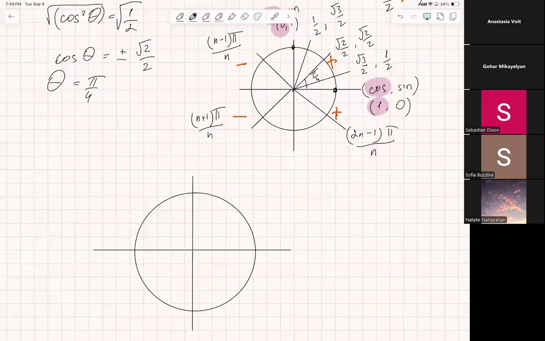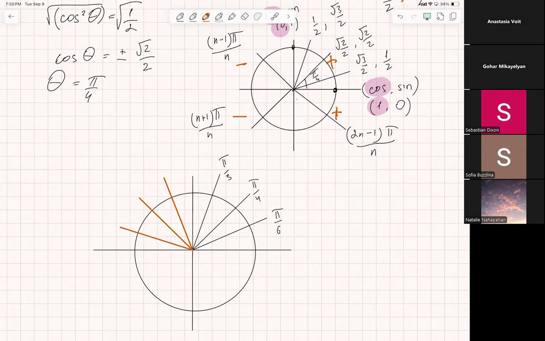Okay, you need to memorize this first quadrant, there's no way around it. So this is my pi over 6, pi over 4, and pi over 3. It's always a good idea to memorize at least this first quadrant. Now for the second quadrant, we have something pi over 3, something pi over 4, and something pi over 6.